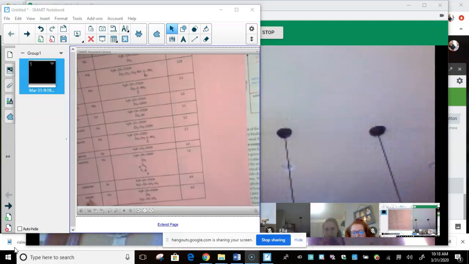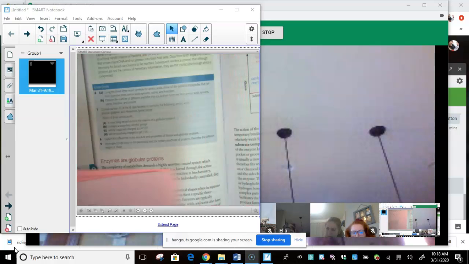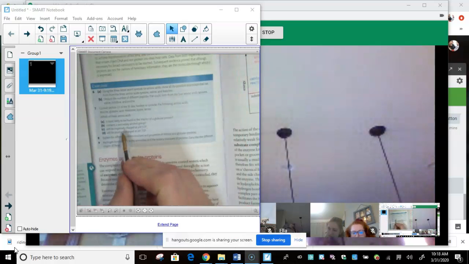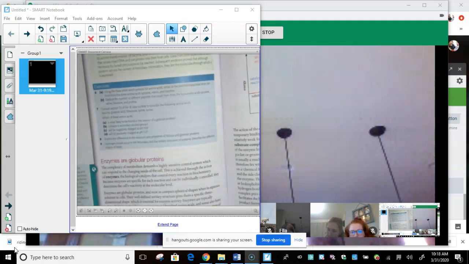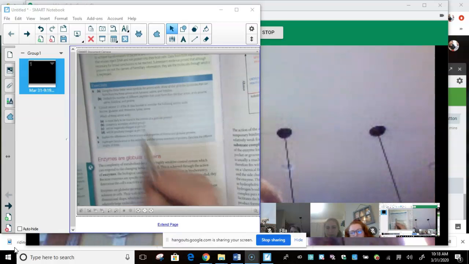So the correct answer would be leucine. Most likely would be found in the center of a globular protein because it has the longest nonpolar side chain. And again, if we added a different amino acid to that group, could that change the answer? Yeah, it could. If you just have to compare the particular amino acids they're asking you.